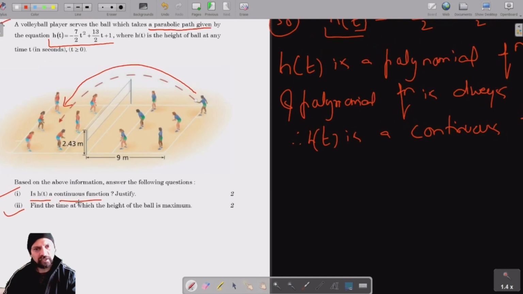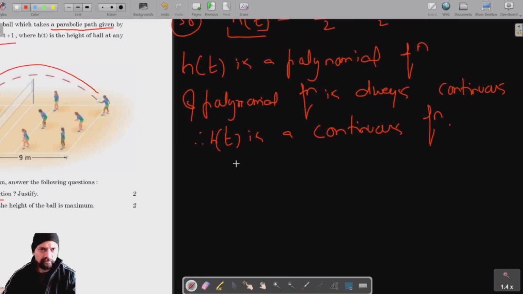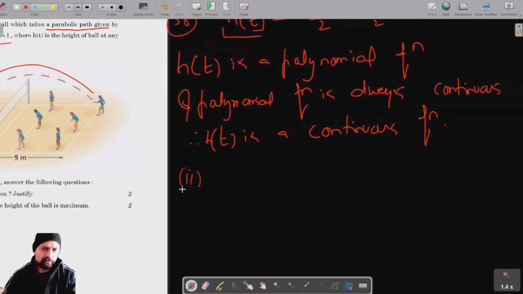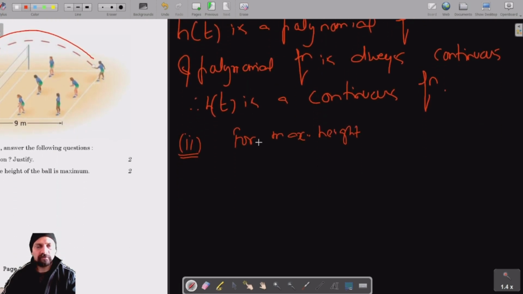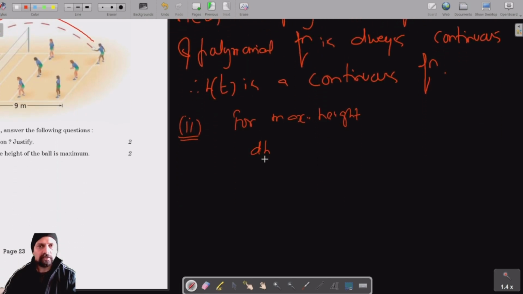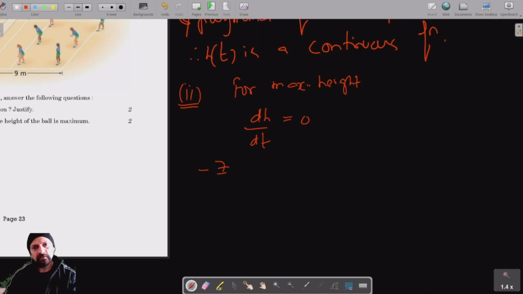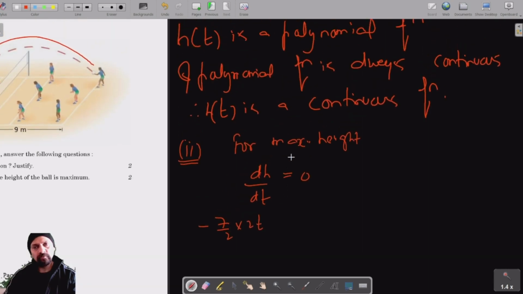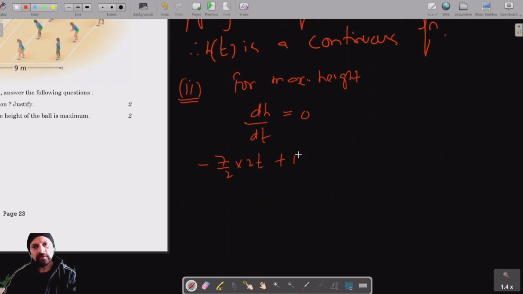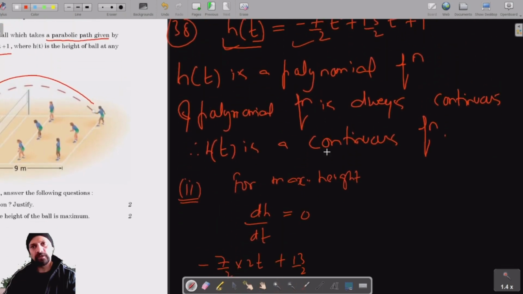So the time at which the height of the ball is maximum, that means we have to find the value of t. And for maximum height, we have to find the first order derivative, that is dh by dt should be equal to 0. So the first order derivative is minus 7 by 2 into 2t plus 13 by 2.